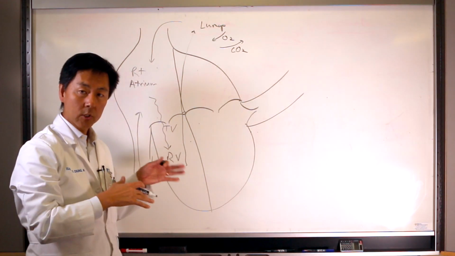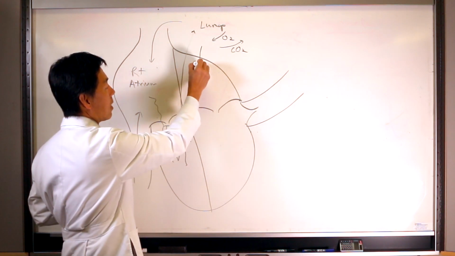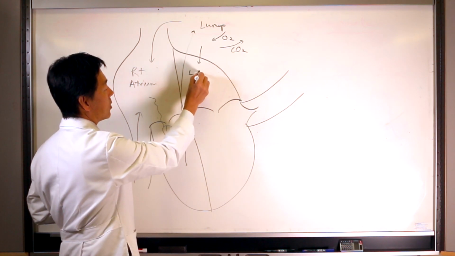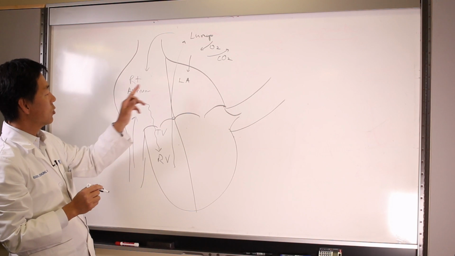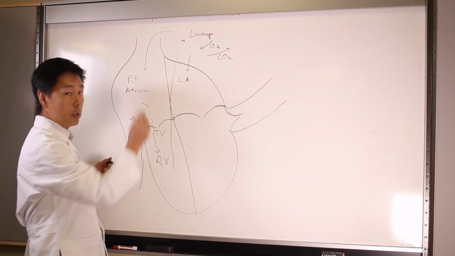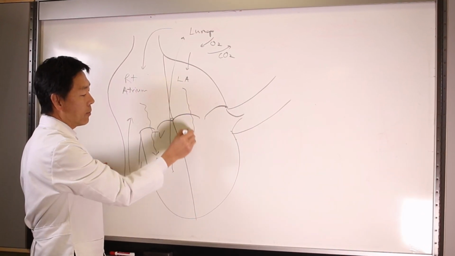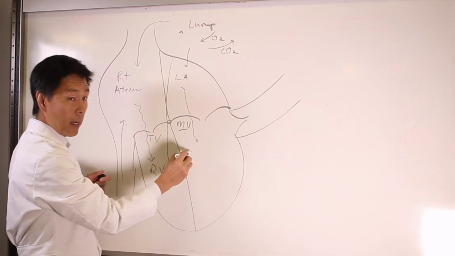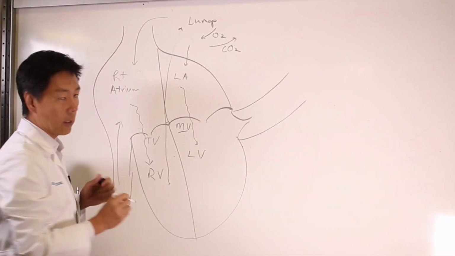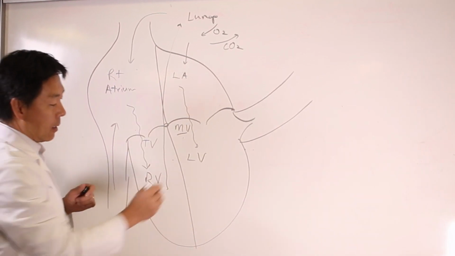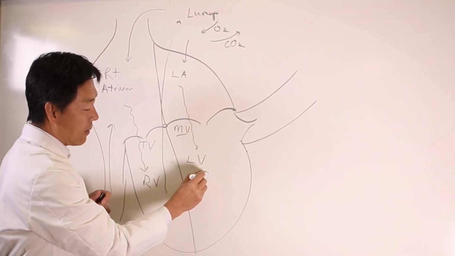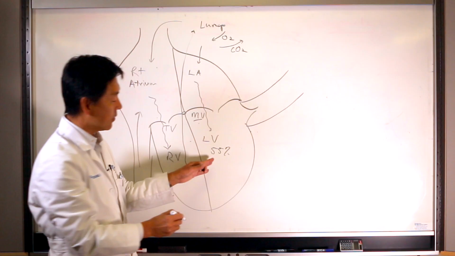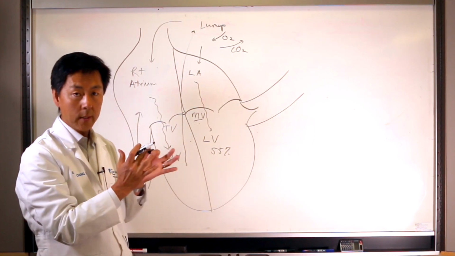Then this good oxygenated red blood returns to the heart into the left atrium. There's a theme: right atrium, left atrium. This blood then flows through this all-important mitral valve into the main pumping chamber of the heart, which is the left ventricle. Normally this heart pumps about 55% of its volume with each squeeze.